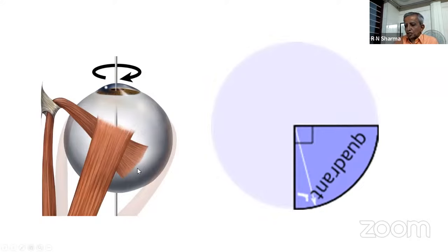So when it pulls here, this portion will be elevated, thereby depressing the cornea. So it will be a depressor. This portion will be turned towards the nose, therefore it will act as an intortor. Now again it will pull, the posterior part will be pulled towards the nose, the anterior part will go outward, therefore it becomes an abductor.